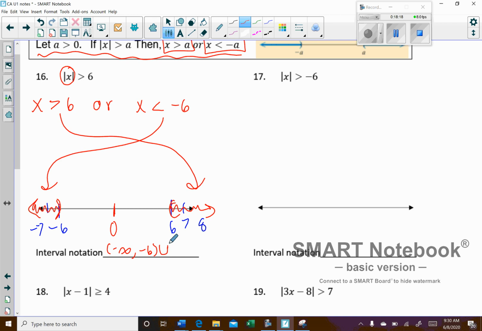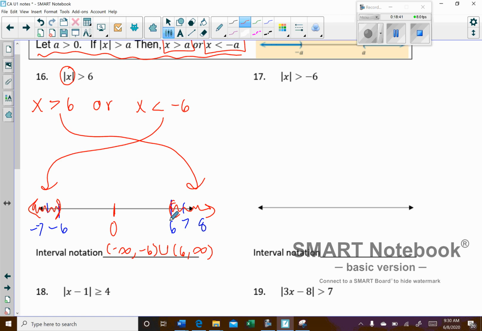So you unite the two sets together as your solution set. So union, and then from 6 to infinity. Like I said, when you're doing your homework in MyMathLab, there should be a toolbar at the bottom, and you can use that symbol right there that looks like a capital U.